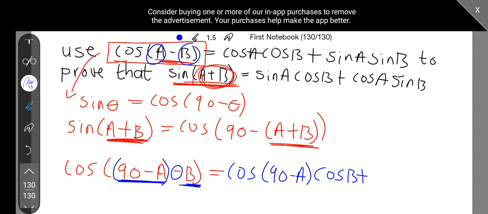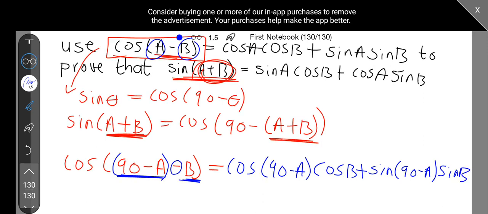So you are going to say plus, and then sine of 90 − A multiplied by sin B. And there it goes.